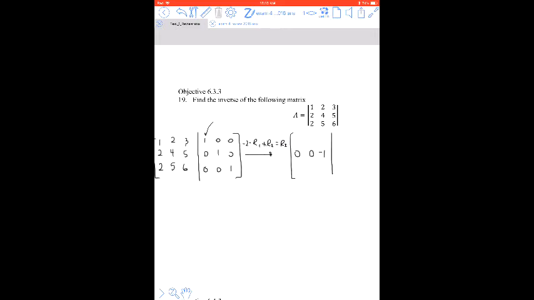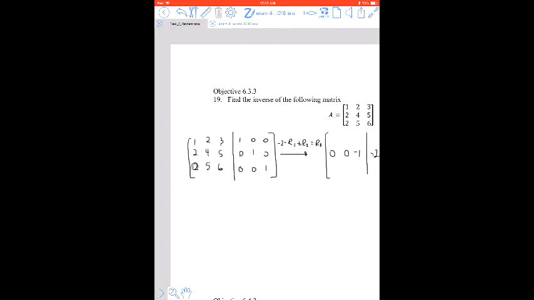Now moving over to here, negative 2 times 1 is negative 2. Negative 2 plus 0 is negative 2. Now going here, negative 2 times 0 is 0. 0 plus 1 is 1. And then here, negative 2 times 0 plus 0 is 0.